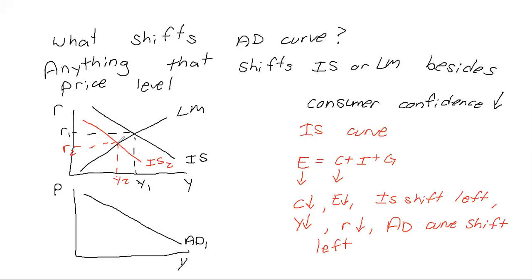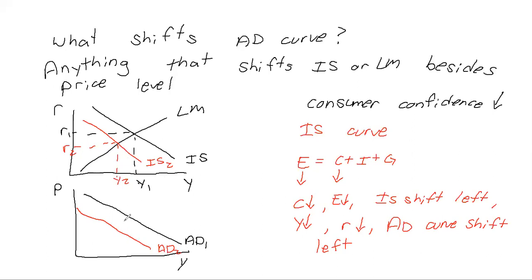So this causes a shift in the IS curve to the left, causes a decrease in output and a decrease in the real interest rates, which will shift the aggregate demand curve to the left. Once we have the aggregate supply curves, you'll be able to see the equilibrium with Y and know that it will shift to the left.